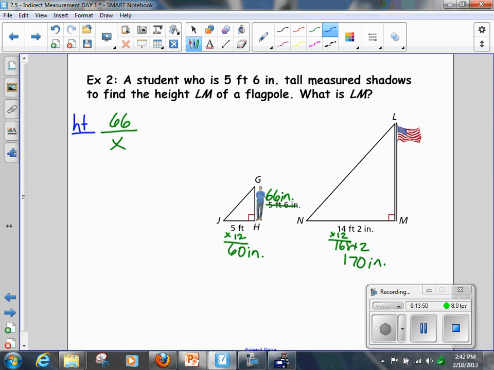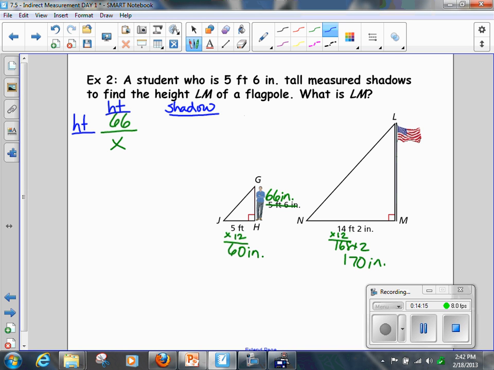Oh. Who gave me this? The 66 over X. Kevin, he's got all of his height in one ratio, and then he's going to have all of his shadow in another one. I can do that. No, that's not bad. That's just a different way to look at it.